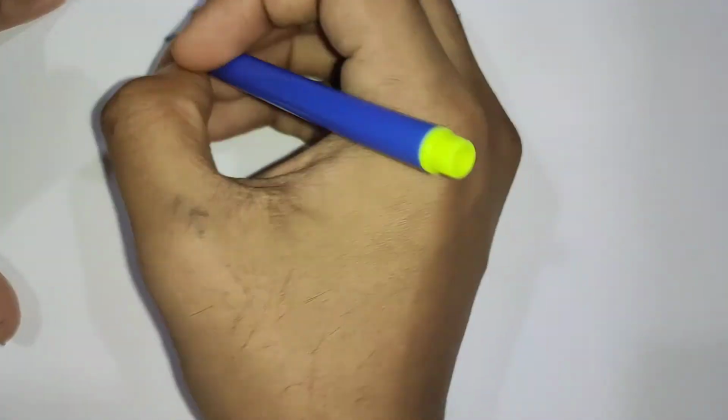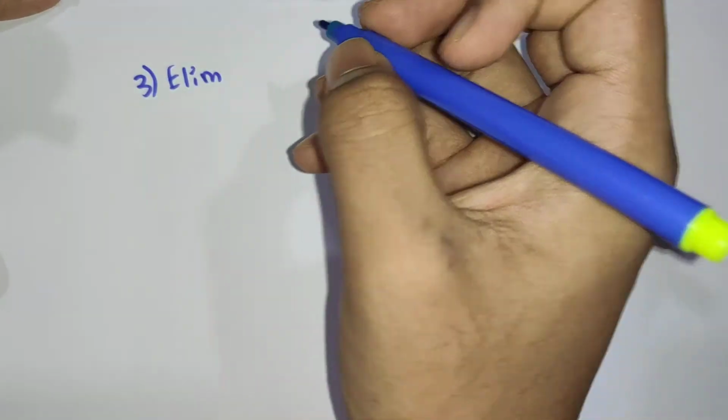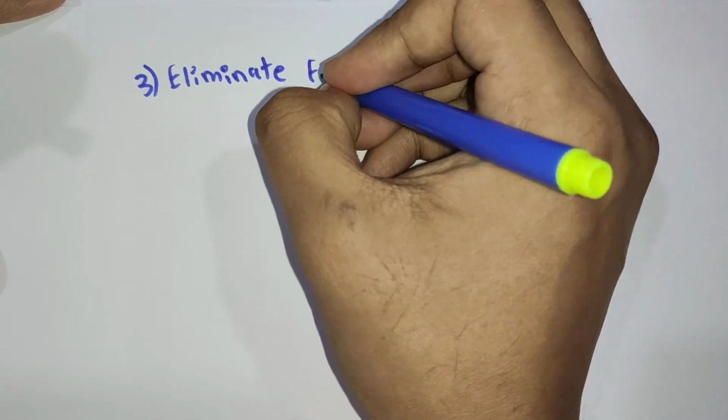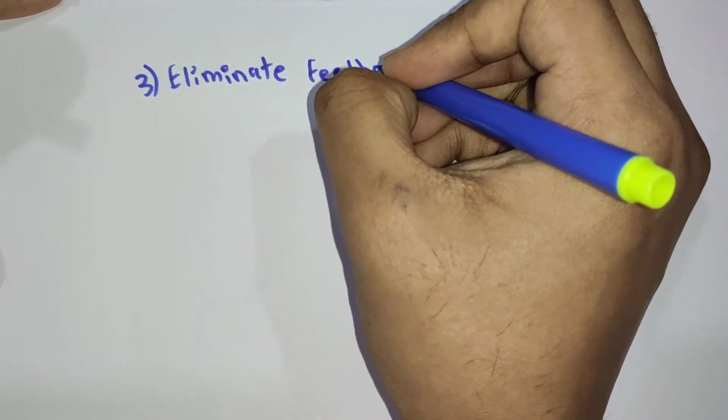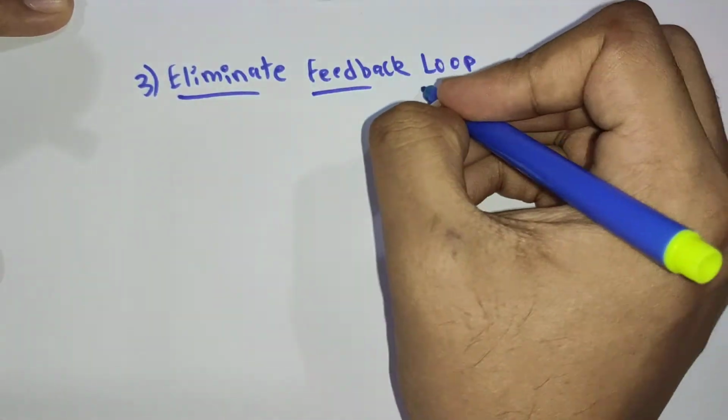Now the third rule says eliminate the feedback loop. How can you eliminate the feedback loop?